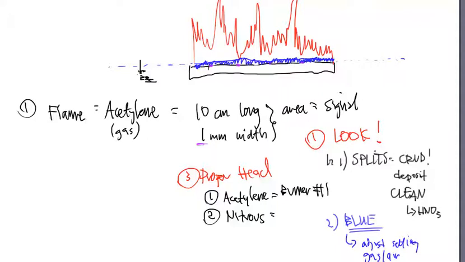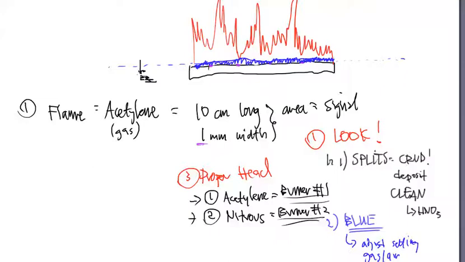So I'm going to put burner number 1 and burner number 2. You want to make sure that if you use the acetylene gas, you choose the acetylene burner head. If you use the nitrous gas, you use the nitrous burner head. And they will be labeled and they will look different.